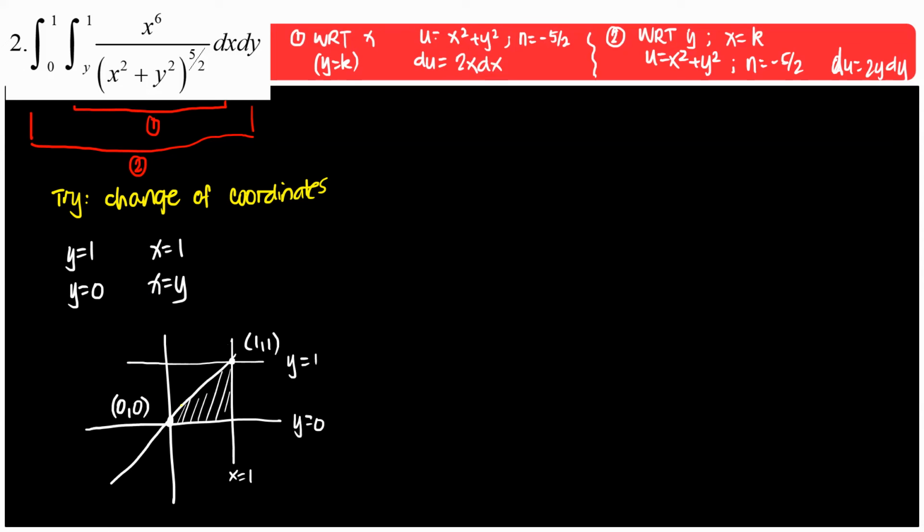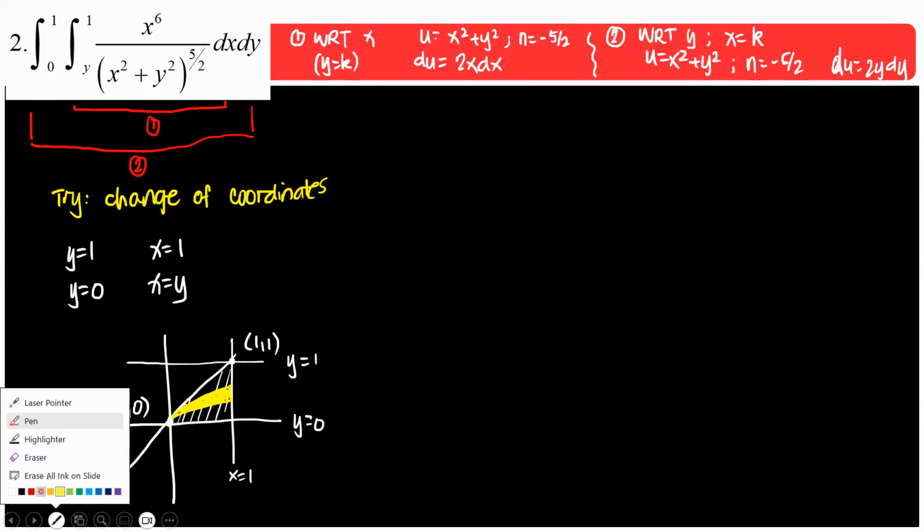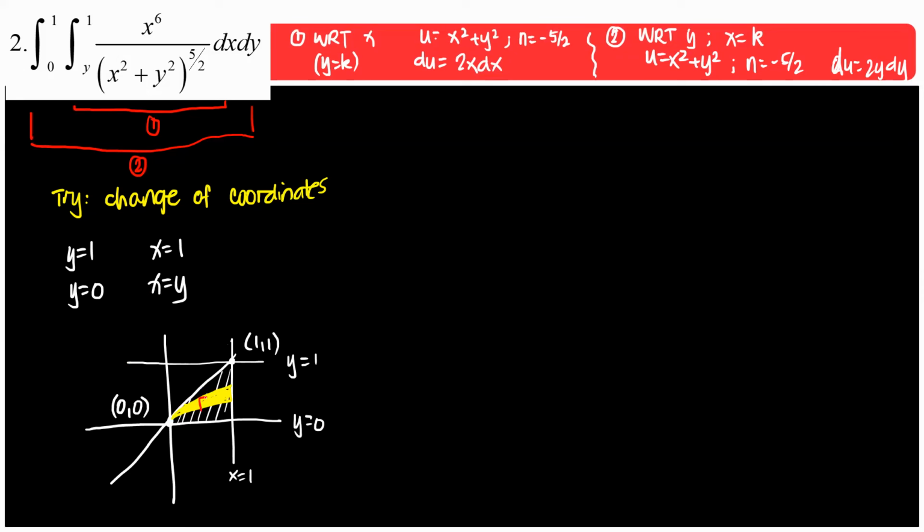So again, we should always draw our element, always a wedge. So if we have the wedge in here, and then draw our radius element. So this would be our dr, and the yellow one is our d theta.